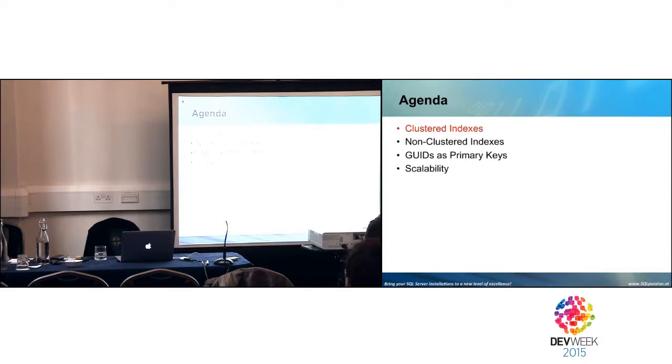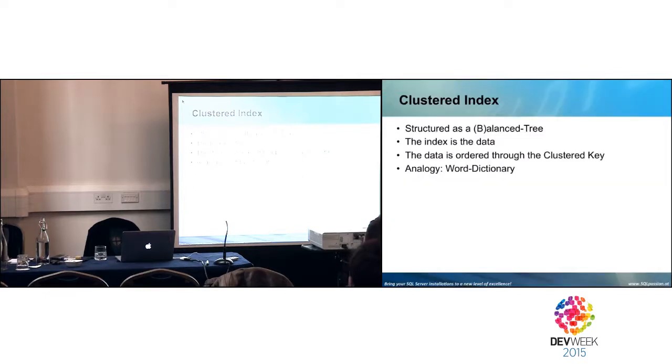Okay, let's start with clustered indexes in SQL Server. Every time we create a primary key constraint, SQL Server creates under the hood a unique clustered index. A clustered index is a B-tree structure, a balanced tree, and SQL Server physically pre-sorts and organizes our table data on the column where we have created our primary key constraint.